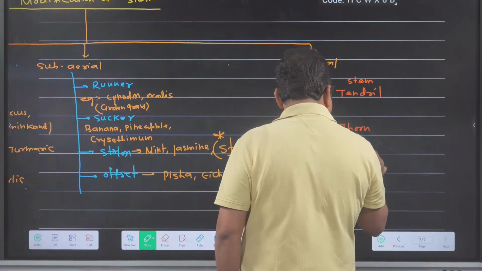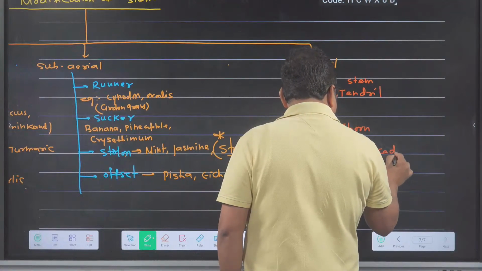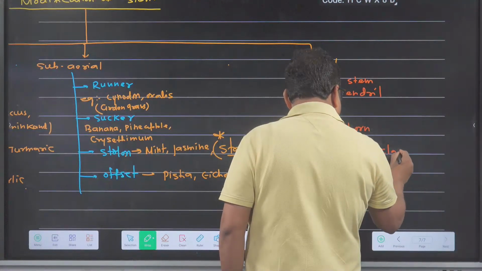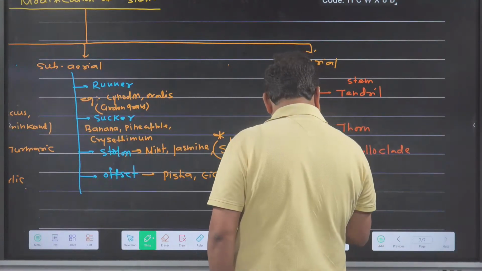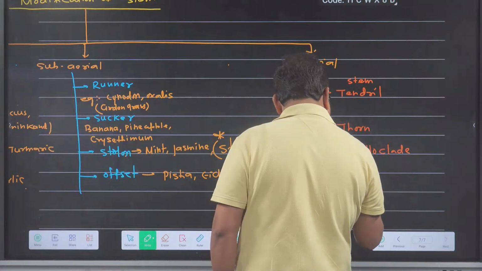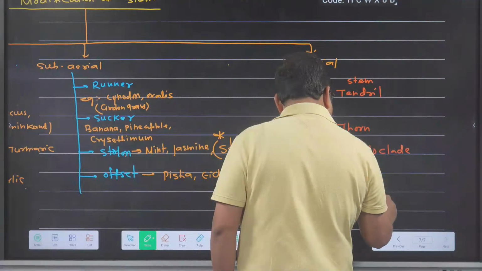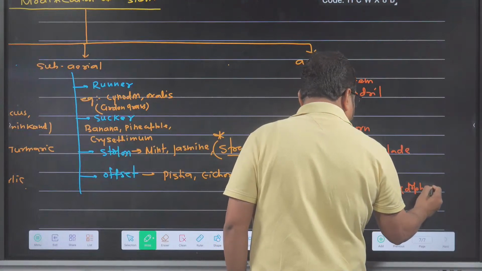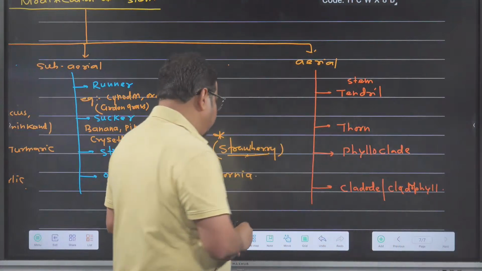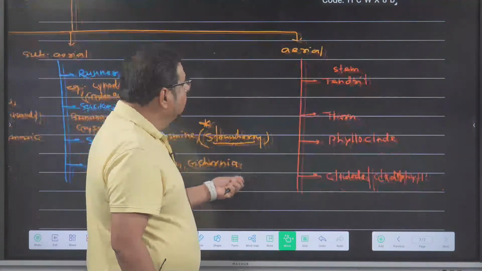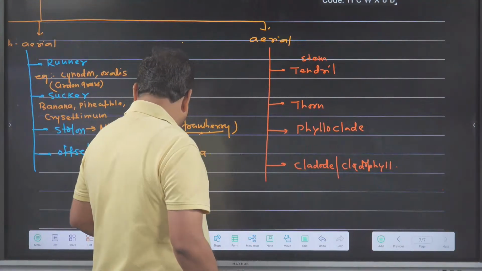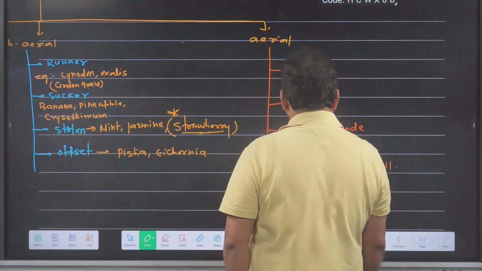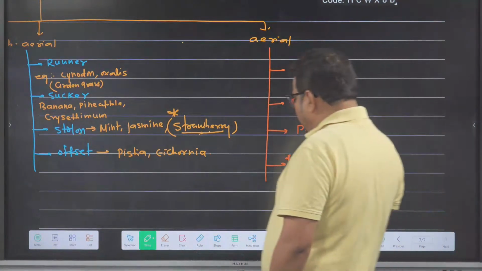Phylloclade is another stem modification, and cladode and cladophyll is another modification. These lines are not mentioned in NCERT, neither in the lab manual nor in theory NCERT. So cladophyll, you can say, is out of NCERT, with a star mark.